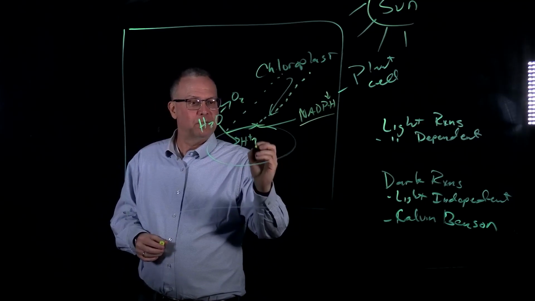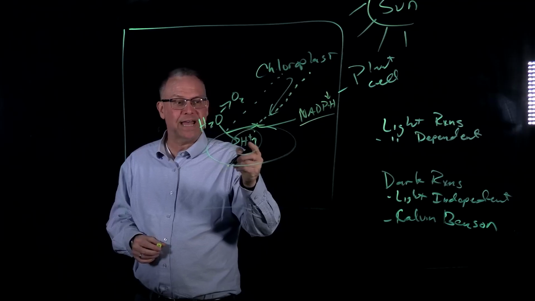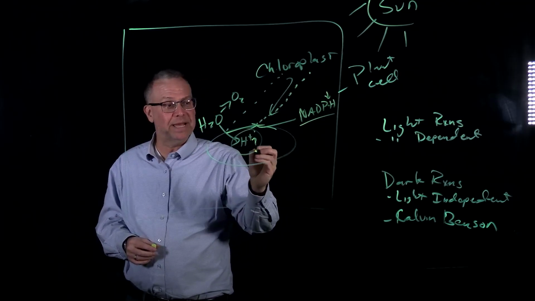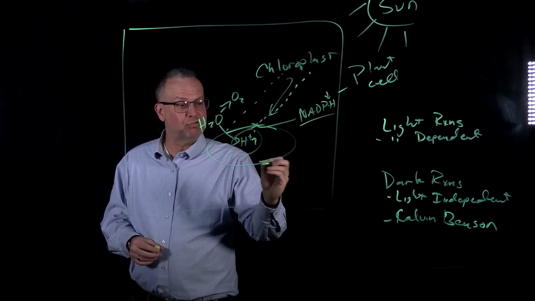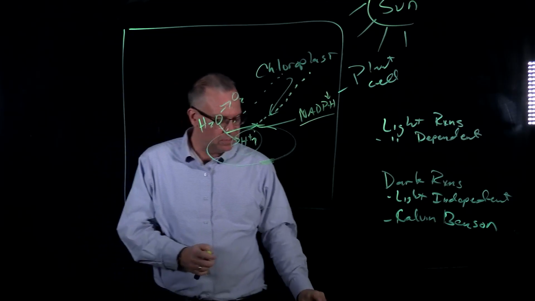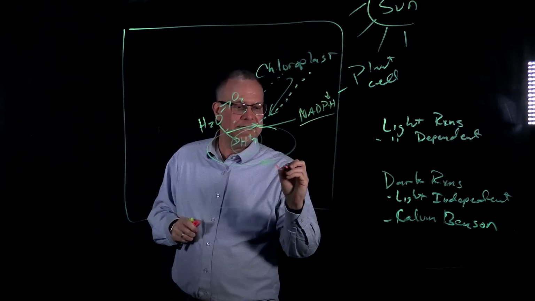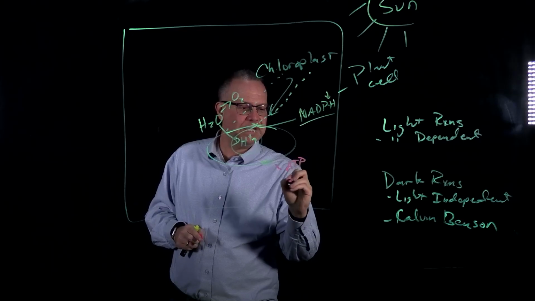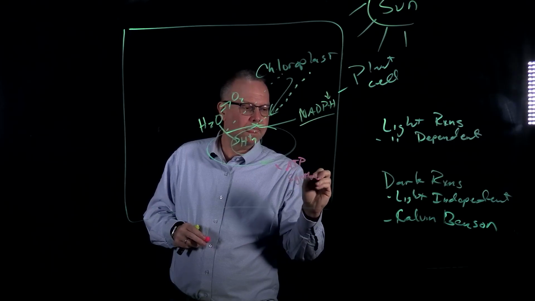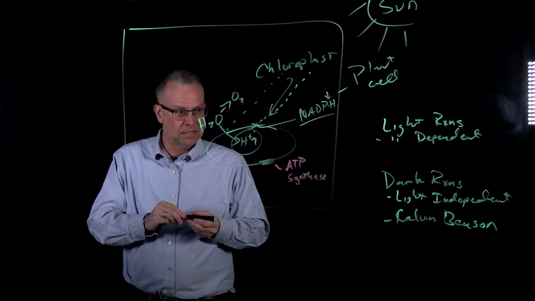What happens with these hydrogen ions, now that they have a high concentration inside of the chloroplast, they flow through, there's a different color, the enzyme ATP synthase.